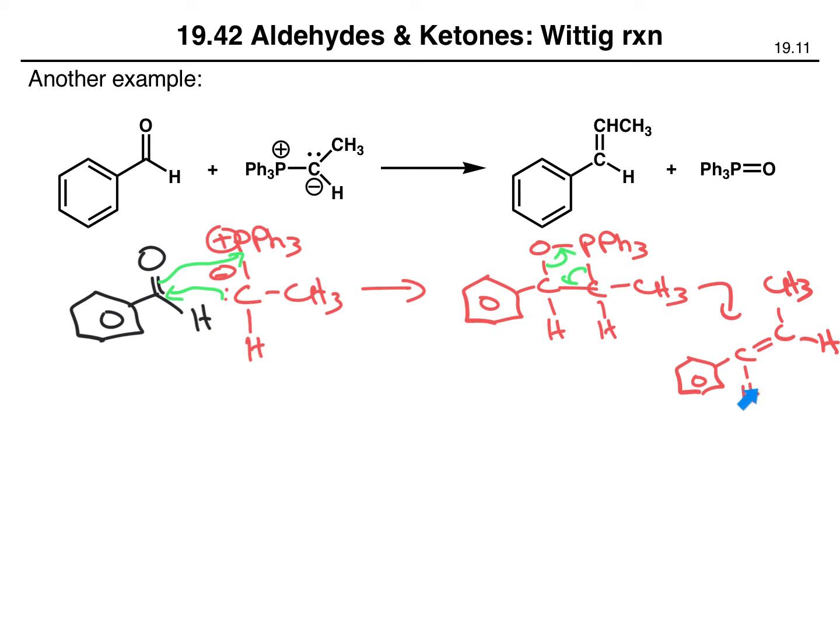So in our product, both hydrogens are on the same side. This gives us the cis product.